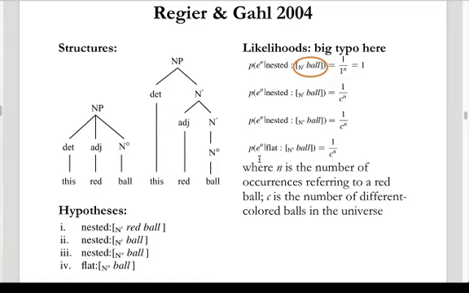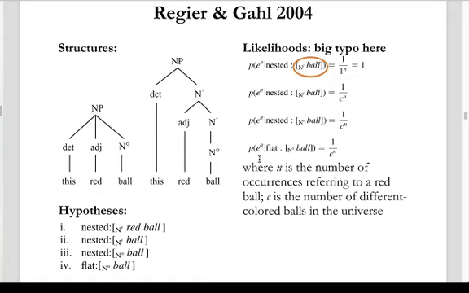And there's C number of different colored balls in the universe. In real life, of course, there's lots and lots of colors that you can make a ball with. For most of these examples, we're just going to assume that the universe only contains red balls and blue balls, so C is going to be equal to 2 here.